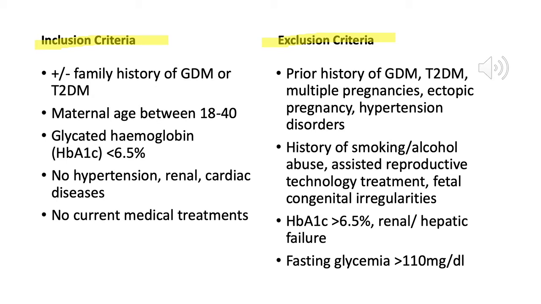Therefore, individuals with a prior history of gestational diabetes and type 2 diabetes, multiple pregnancies, ectopic pregnancies, and hypertension were also excluded. Also, individuals who had a history of smoking and alcohol abuse were excluded. Any participant with a glycated hemoglobin of over 6.5% or fasting glycemia of over 110 milligrams per deciliter was also excluded.